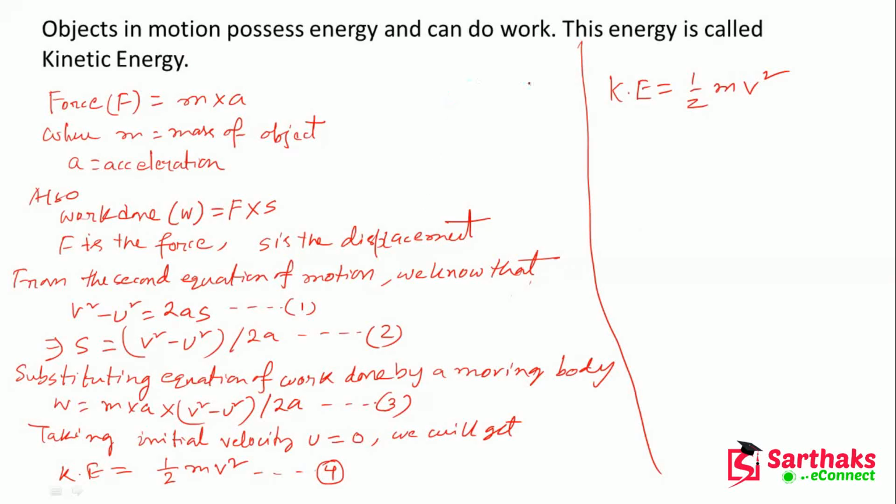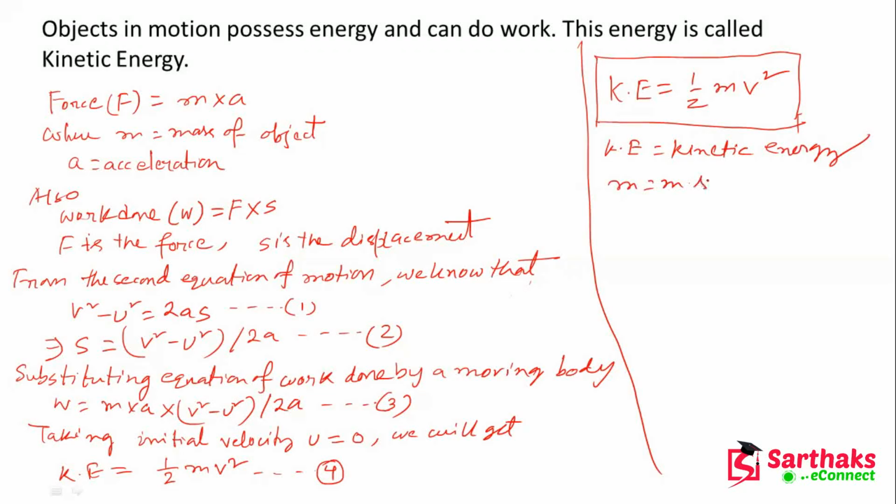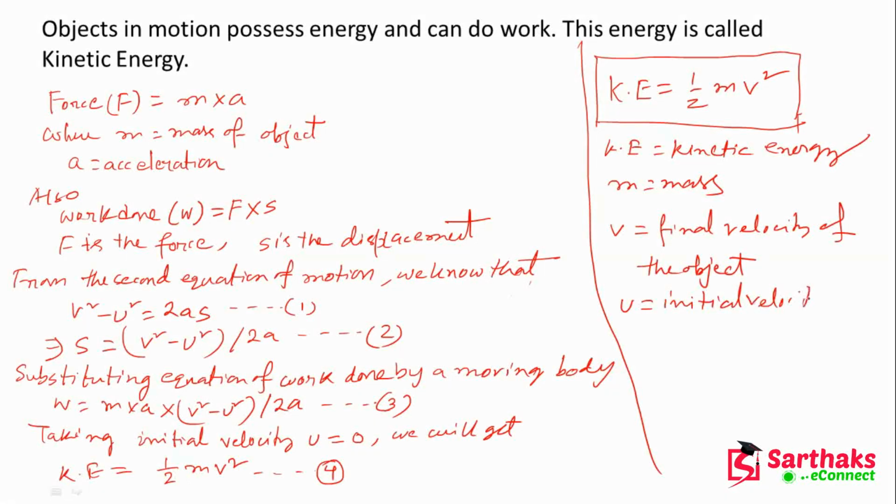So kinetic energy is half mv square, where K is the kinetic energy, m is the mass, already I have written, again I am writing, v is the final velocity of the object, u is the initial velocity of the object. Okay, done.